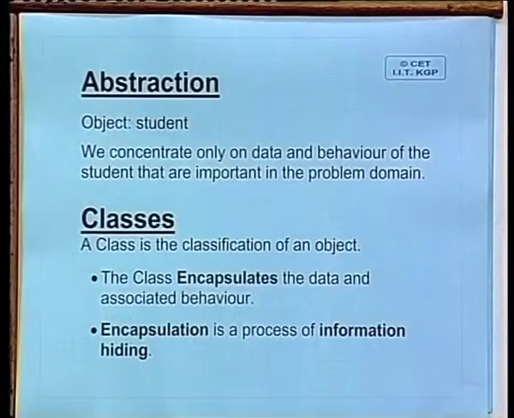An abstraction is a very important part of any object oriented analysis, right. The second important concept is that of classes. A class is the classification of an object. Like I said, when I say student is an object, I mean a particular student, say S Shur, a name we have used many times.